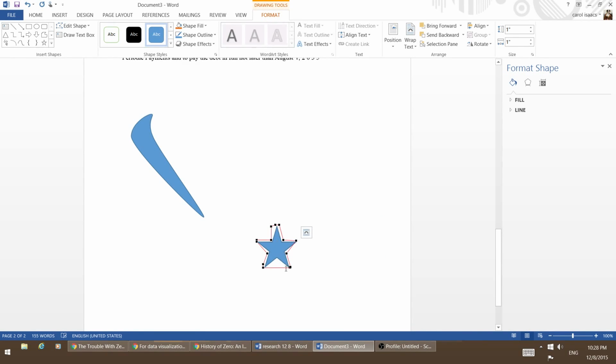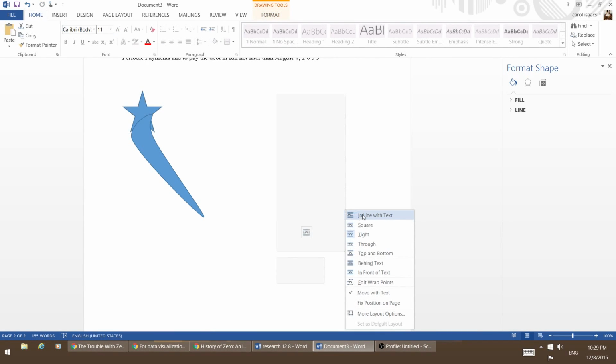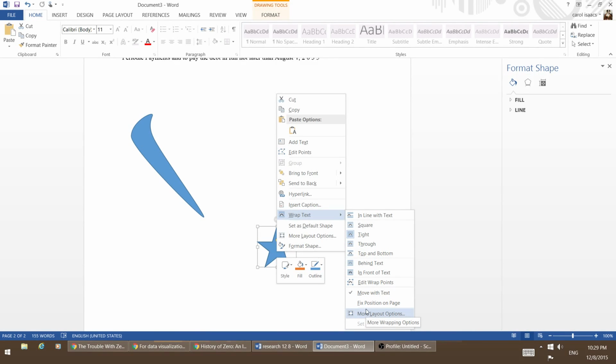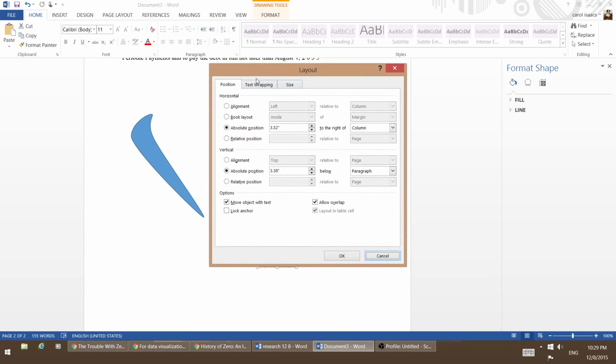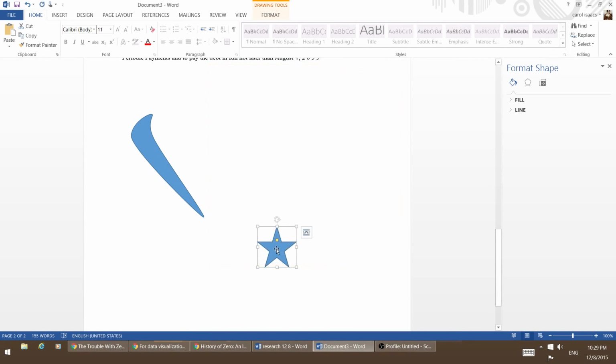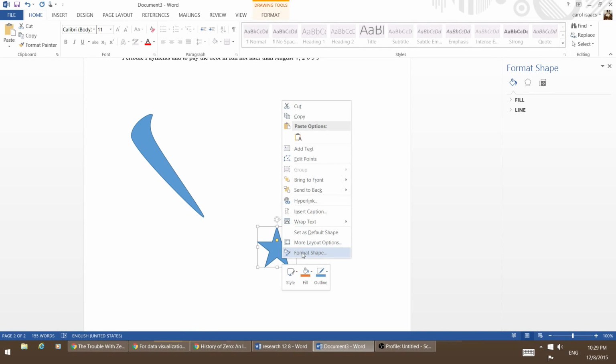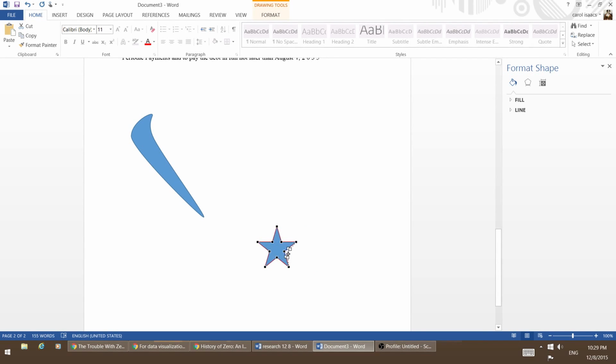Edit wrap points. Edit points. I wonder if you, I bet they're bending the stars in their typeset.